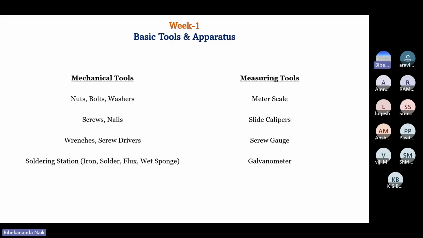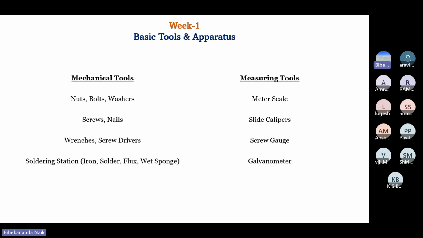In this interaction session, we'll be covering topics taught in week 1 of the lecture series. Week 1 was mainly based on basic tools and apparatus which we will be using during the experimental period.